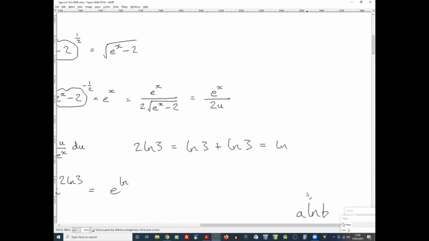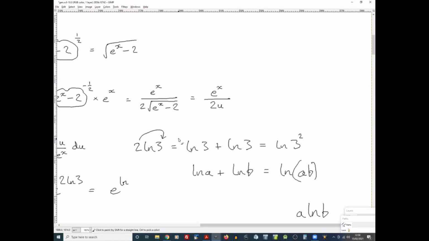I mean, in general, what's log A plus log B? The log of AB. Which in this case would be log of 9, in other words, 3 squared. Which is what we do with something like that, isn't it?